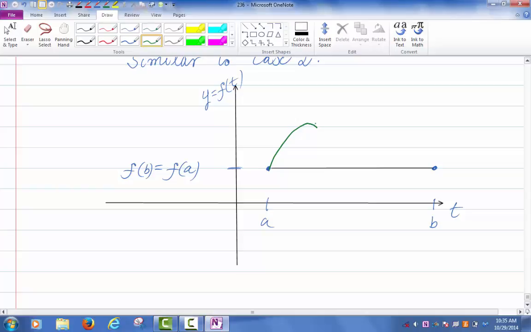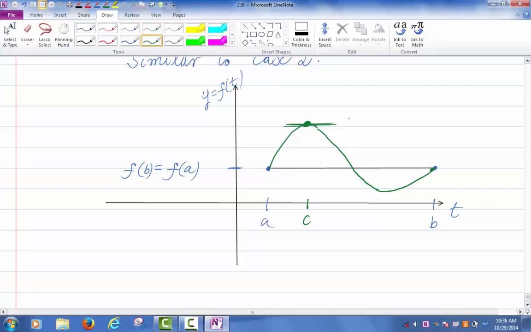Maybe it goes beyond f of a again, but at some point it has to come back to f of b. So my point is, it's going to achieve a maximum value somewhere. At that moment, the derivative must be 0, which means the velocity must be 0.